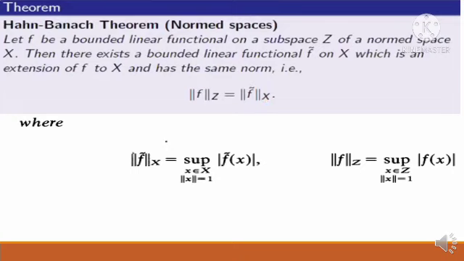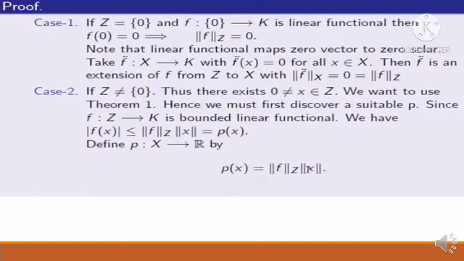To prove this theorem, we need a sublinear functional, and let's see how it will be created. From the definition of p of x, the absolute value of f of x is less than or equal to p of x, and also this p of x is a sublinear functional.